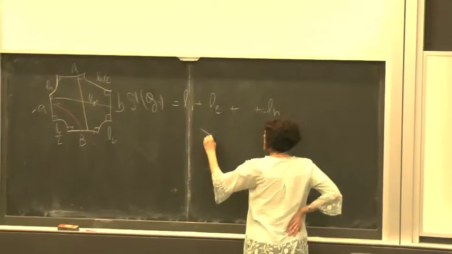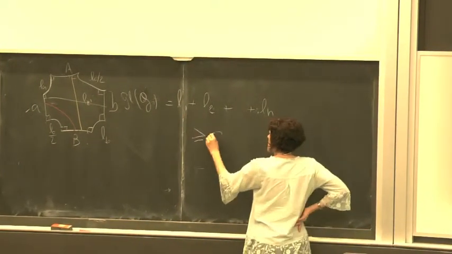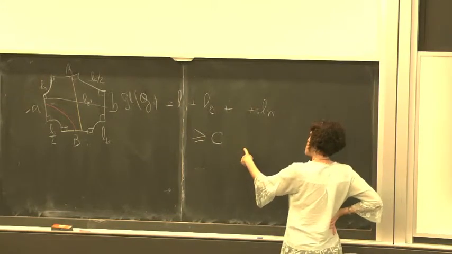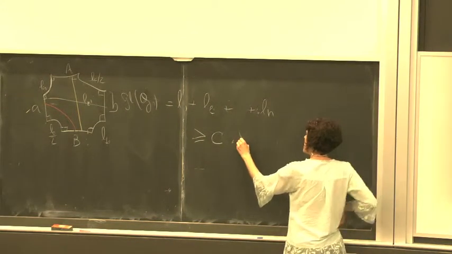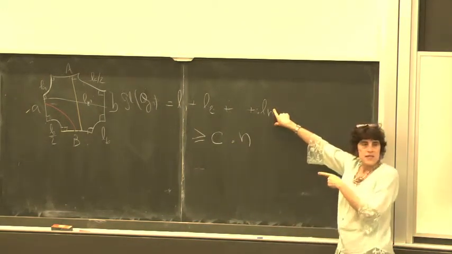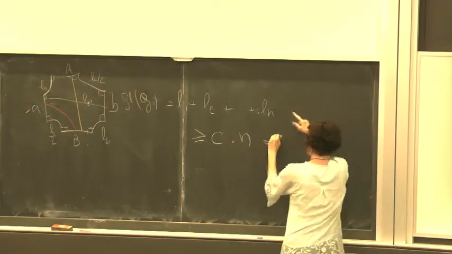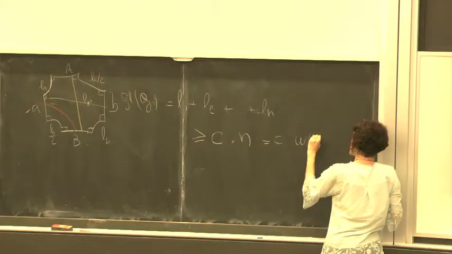Now each of these, as I said, is larger than a certain constant that depends on the lengths of the three boundary components, times n. But n is the number of arcs, and the number of arcs is the number of letters. So this is the word length. So this is C times the word length of G.